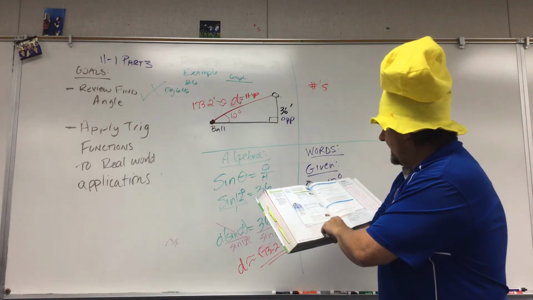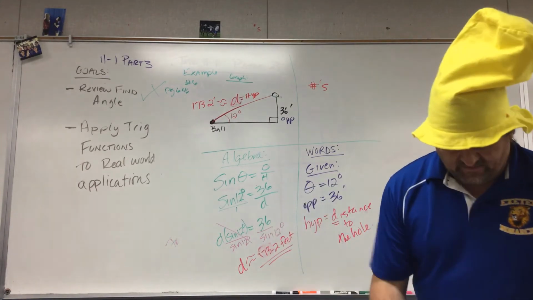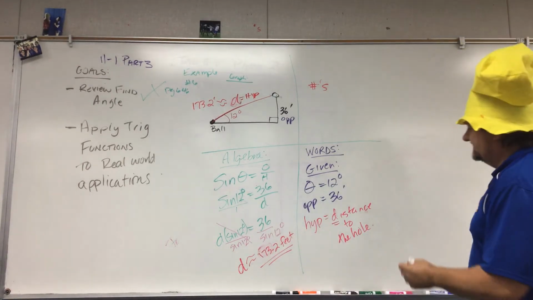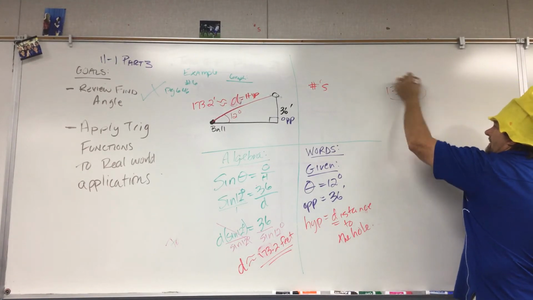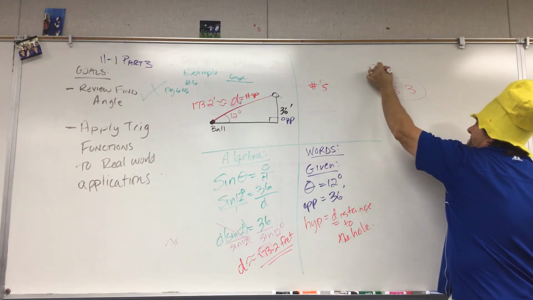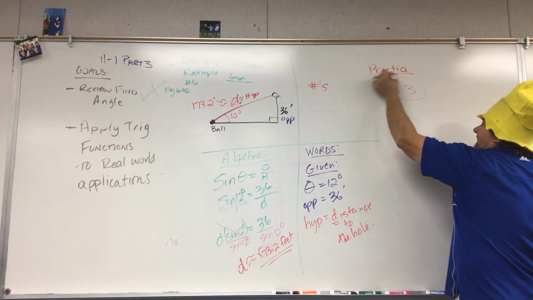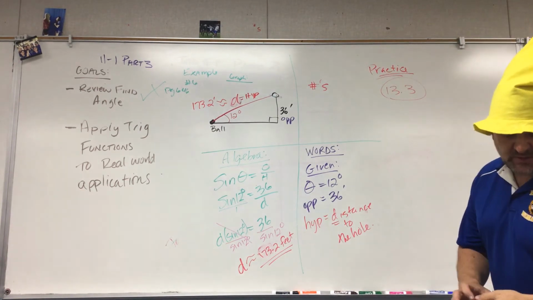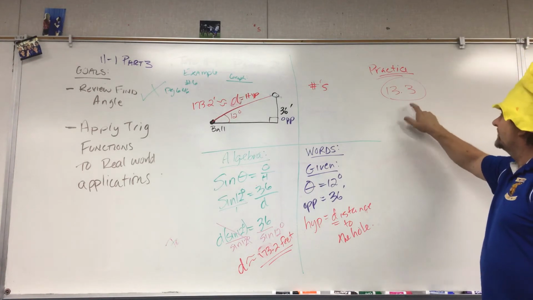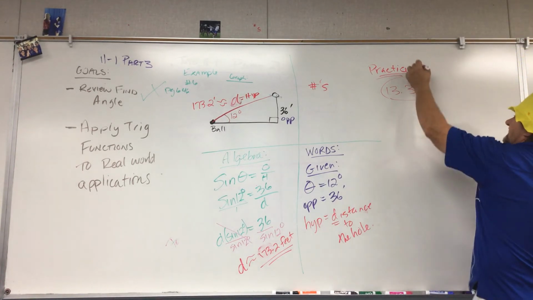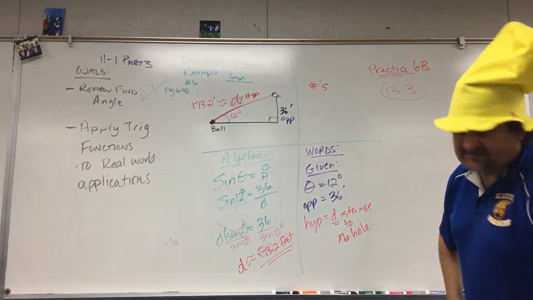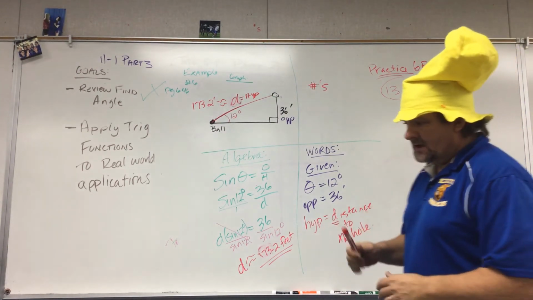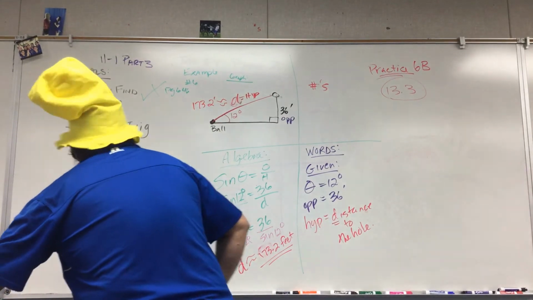If you want to do that and check yourself, the answer to 6B is 13.3, so it's about 13.3 feet. Practice 6B, right at the bottom of page 646. It says ladders. That's another example for you.